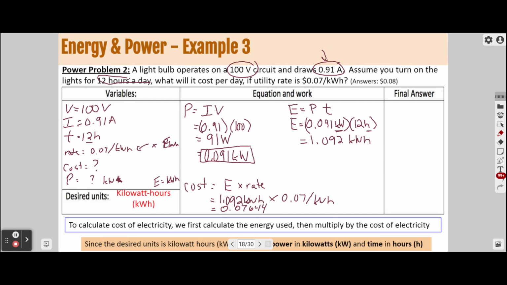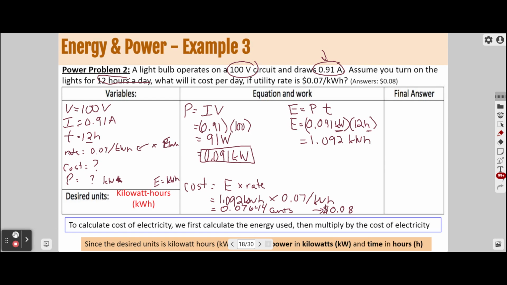And we're talking about cents right now. And we have to round that up to just one significant digit. So we're dealing with 8 cents is what we're dealing with. So that costs 8 cents.